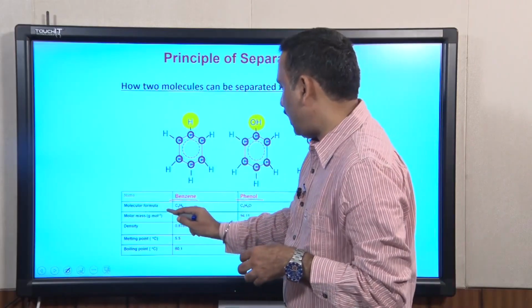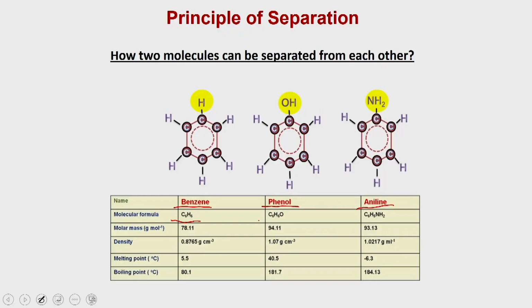Let us see what characteristics are present in these molecules. The molecular formula of benzene is C6H6, of phenol is C6H6O, and of aniline is C6H5NH2. The molecular weights of these 3 molecules are 78, 94 and 93. The density of benzene is 0.87 grams per centimeter cube, phenol 1.07 and aniline 1.02.